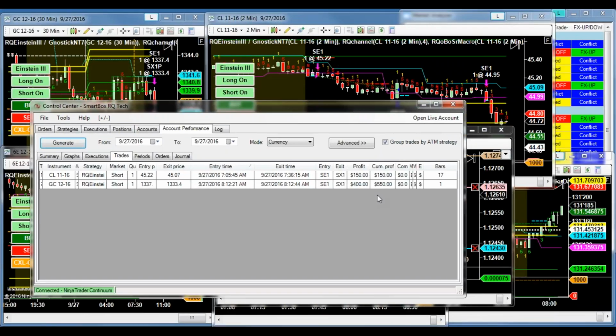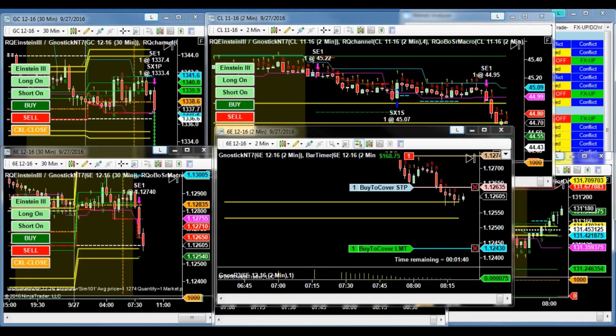So the earlier trade on crude is $400 on gold. That was a nice trade. $400 on that move, and it was quick too.